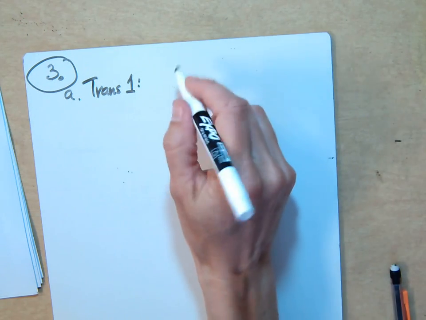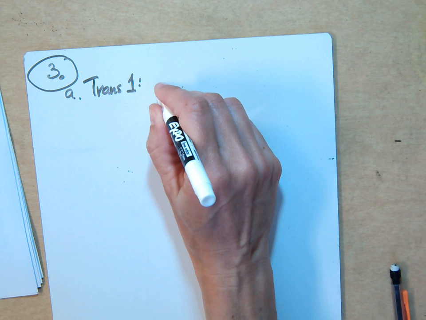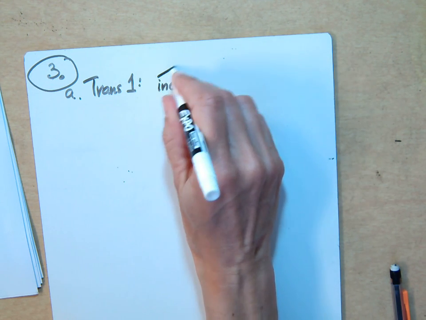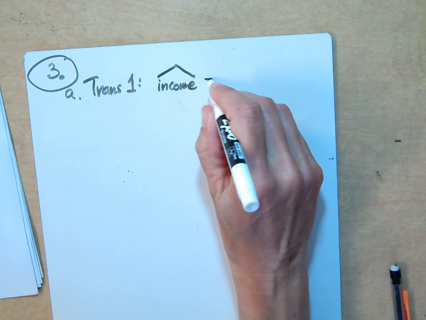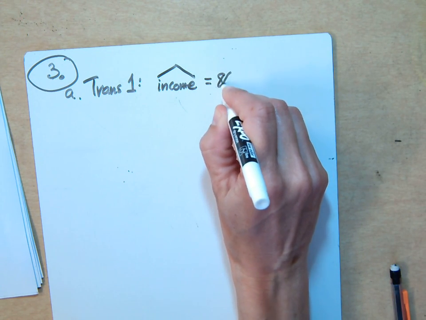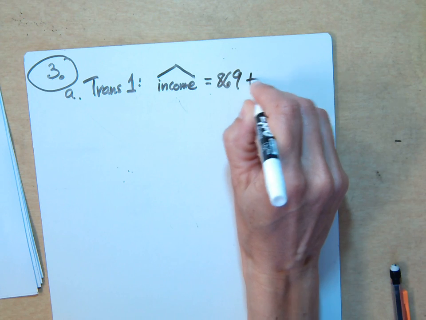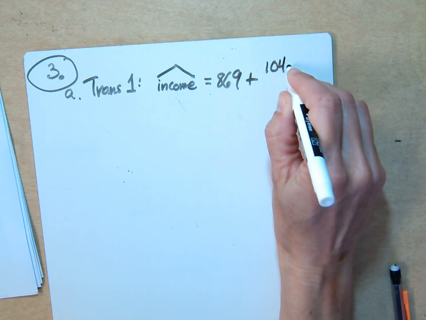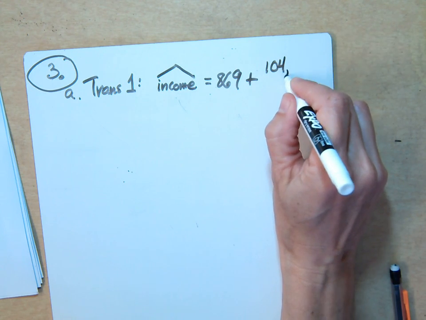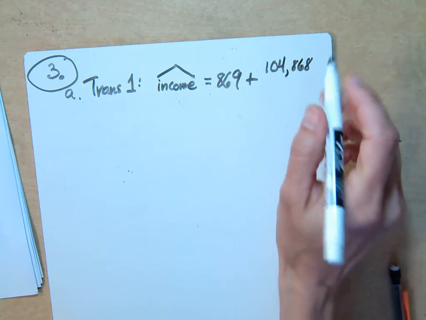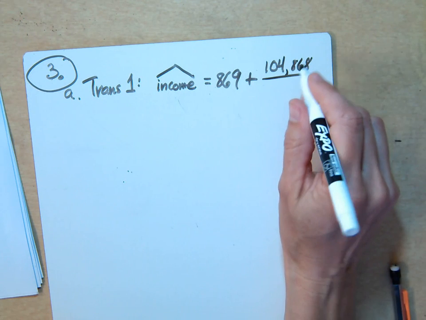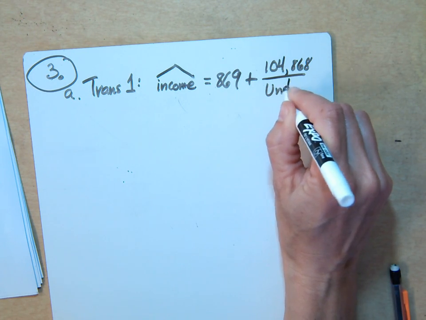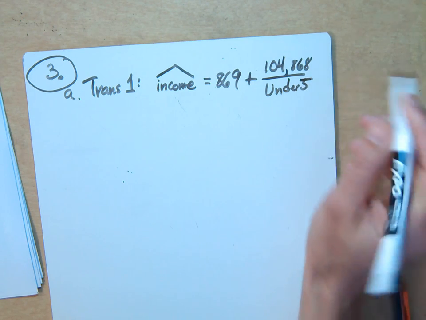if we wrote the equation for the least squared regression line, we would get that the predicted income, so we use a hat over it for predicted, equals the y-intercept, which is 869, plus 104,868. And since we did the reciprocal of the under 5 mortality rate, we would do that over under 5.